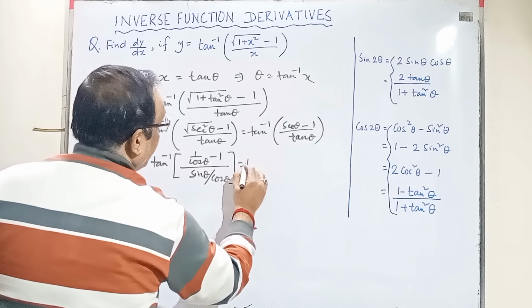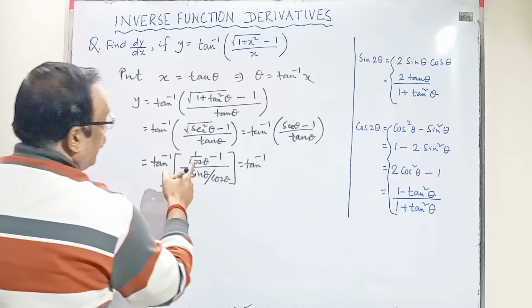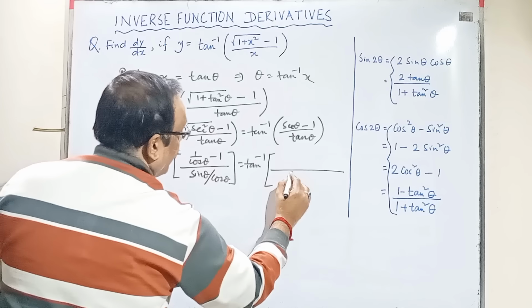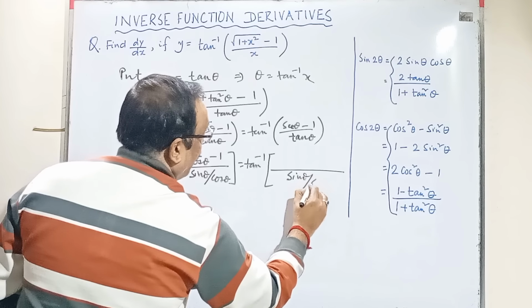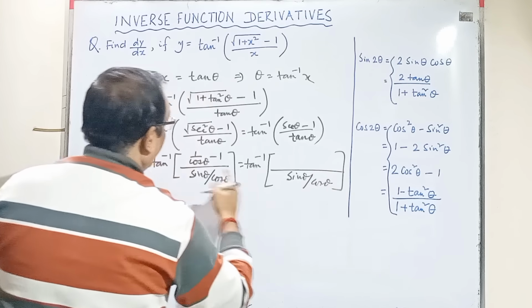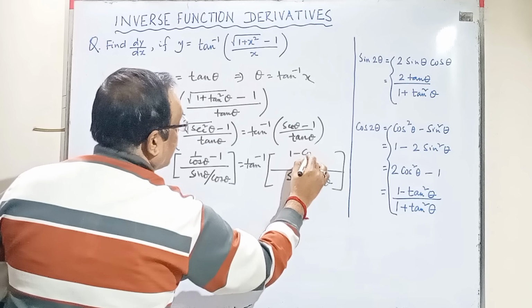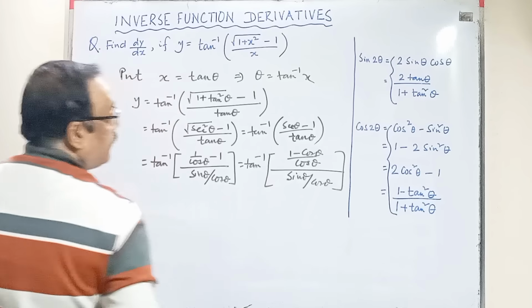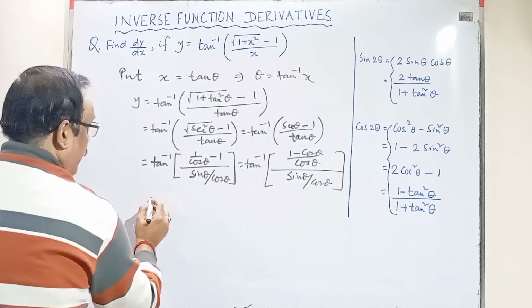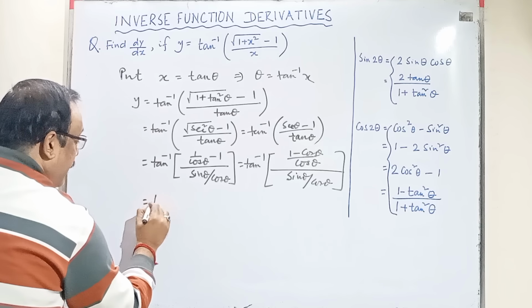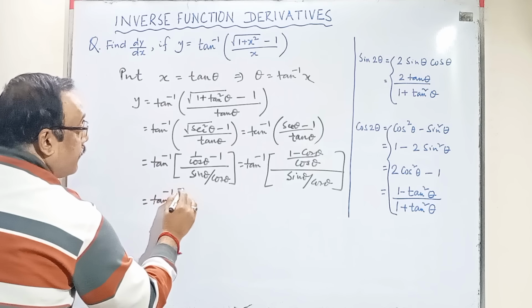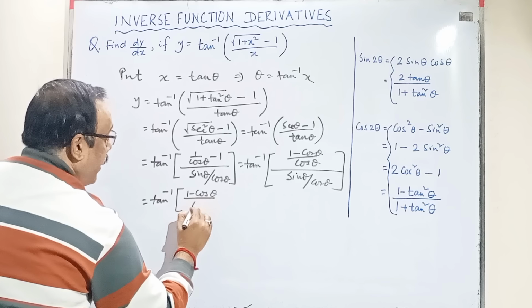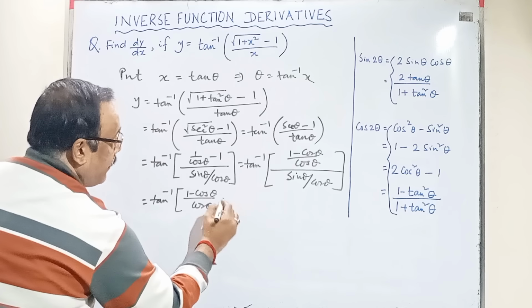So this will be tan inverse, cos theta as LCM: 1 minus cos theta divided by cos theta, over sin theta by cos theta.